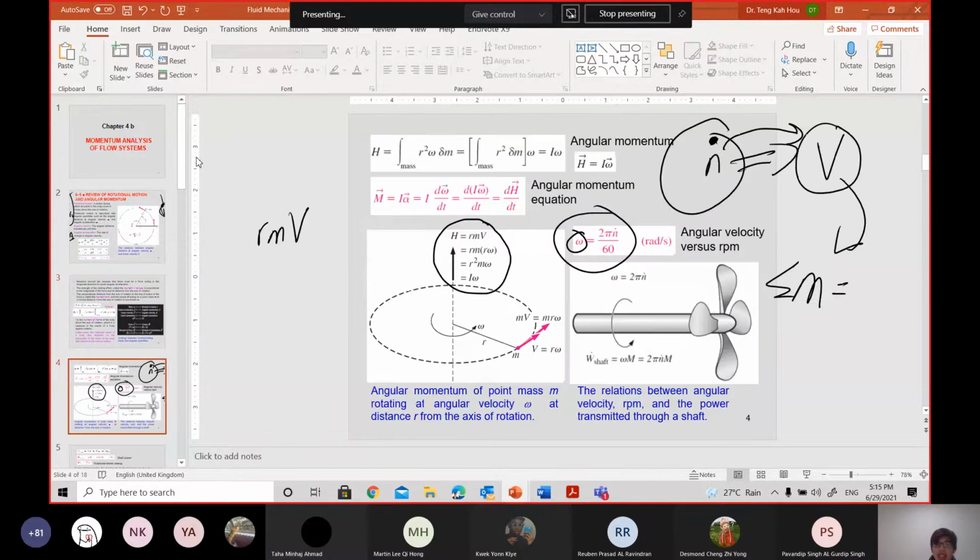So in fact, you can start from here. I omega is also equal to R squared m omega. And once you modify it, at the end your angular momentum can also be written in the form of RmV. This is a mass flow rate, m dot.